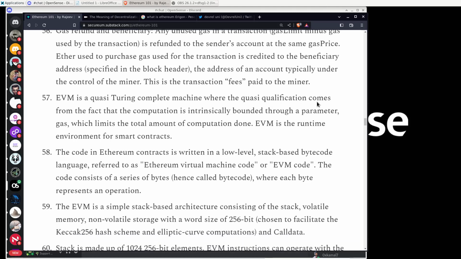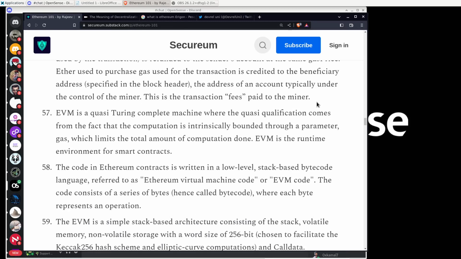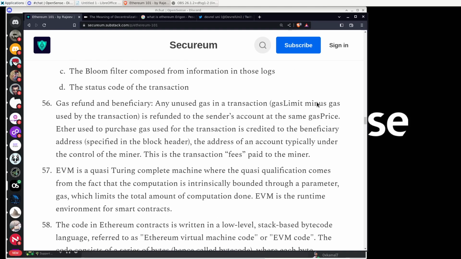Okay. So we're talking about different things here. Gas refund is something that happens in smart contracts, so you get the gas back if you don't spend it all. And the beneficiary is the miner that mined the block, so he's getting all the fees in the transaction.